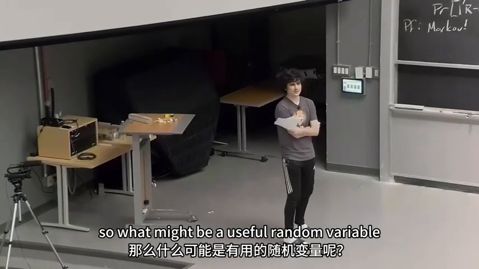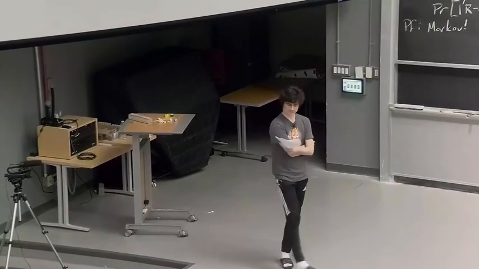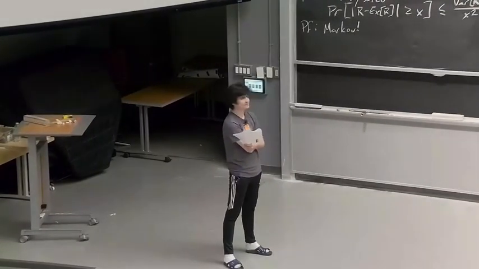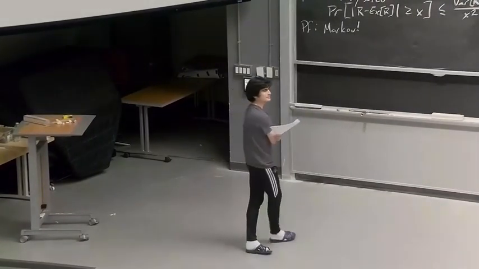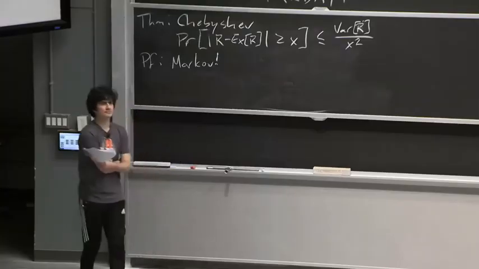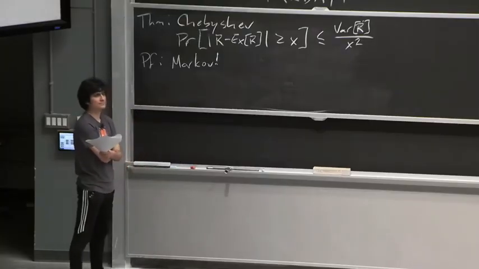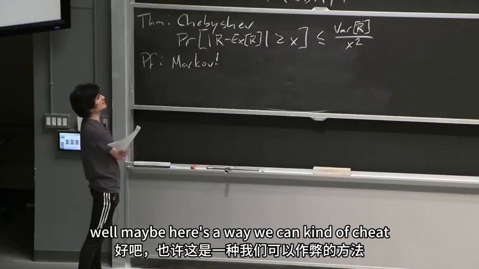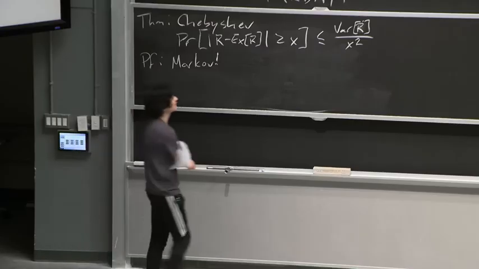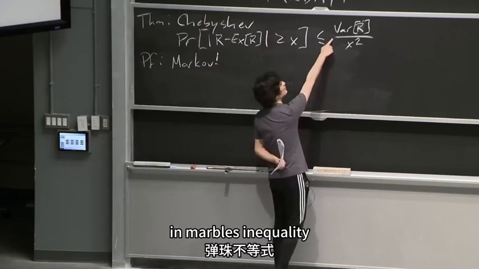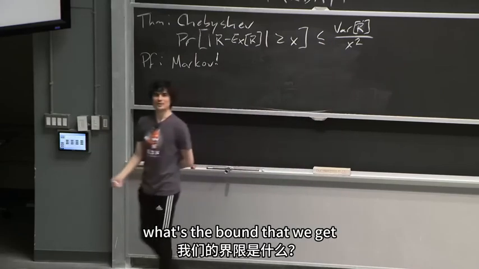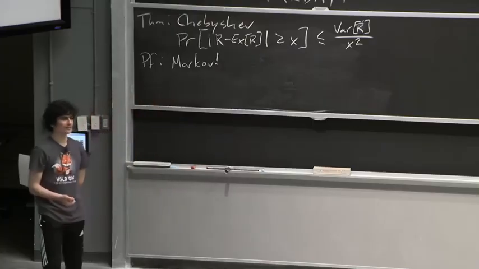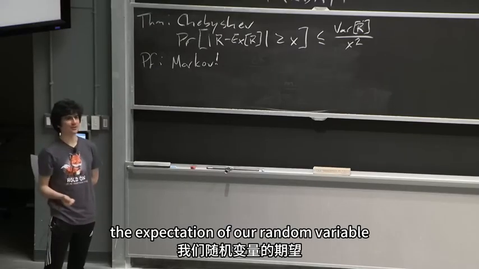So what might be a useful random variable that we can apply Markov to? Well, maybe here's a way we can kind of cheat. In Markov's inequality, what's the bound that we get? The bound should be the expectation of our random variable, right?